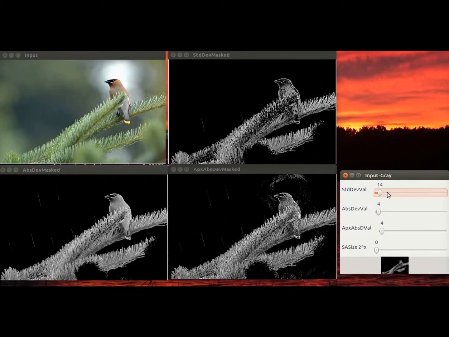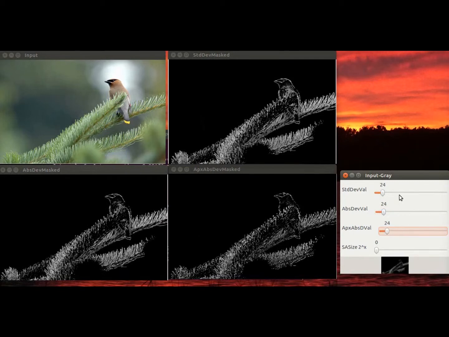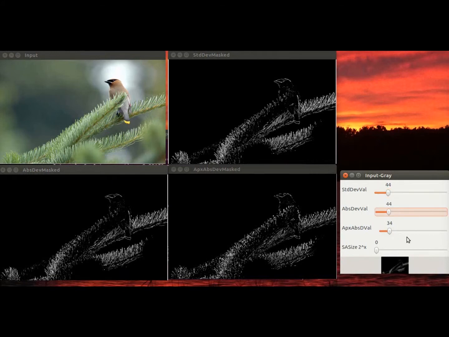As we increase each one, you can see we get the same sort of results, but the computation involved with the approximate is far less because you're only using about a 16th of the processing of the whole image.